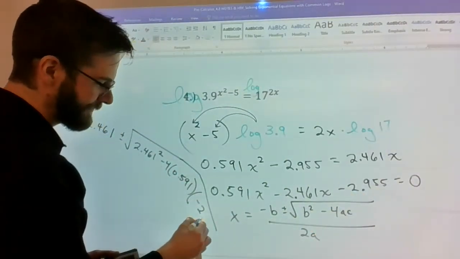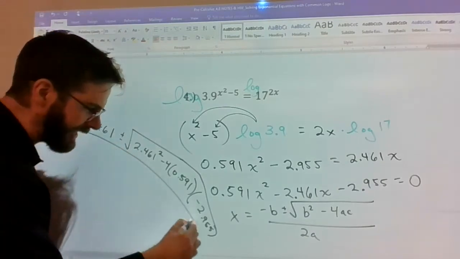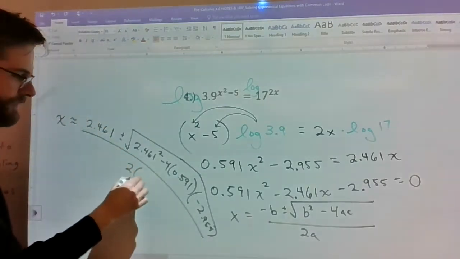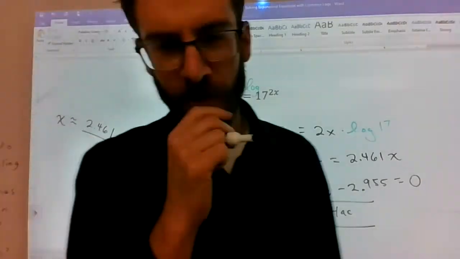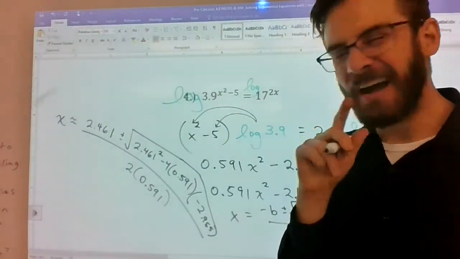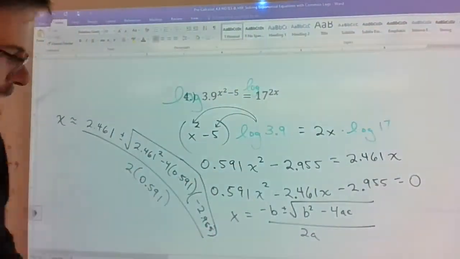C divided by 2 times 0.591. Maybe do a better job of showing your work than I did in this situation. I am more restricted in my space, as you see, but yeah.